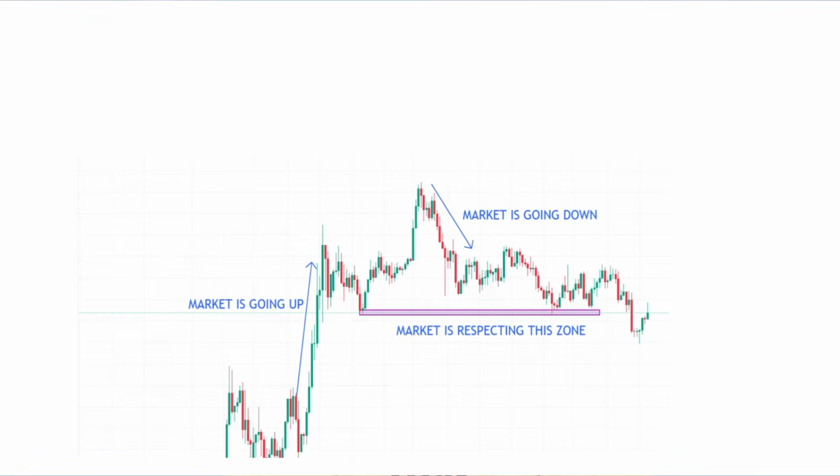Like before the market went here, this zone was first tested here, right? Actually, it was first tested here, and you can see that price went up, right? It came down and also rested here. It went up and came down, tried to test that zone.